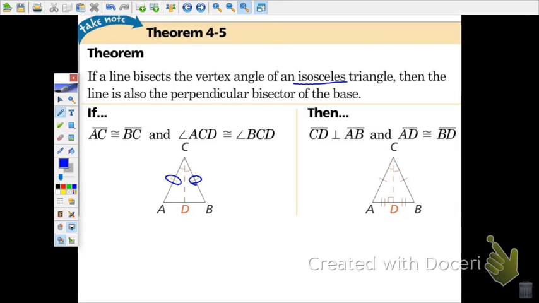That angle is being bisected, so cut into two equal parts. Because it's bisecting that vertex angle C, it is also bisecting the base, that bottom side. So that's cut into two equal parts. And it's also perpendicular, which means we have right angles.